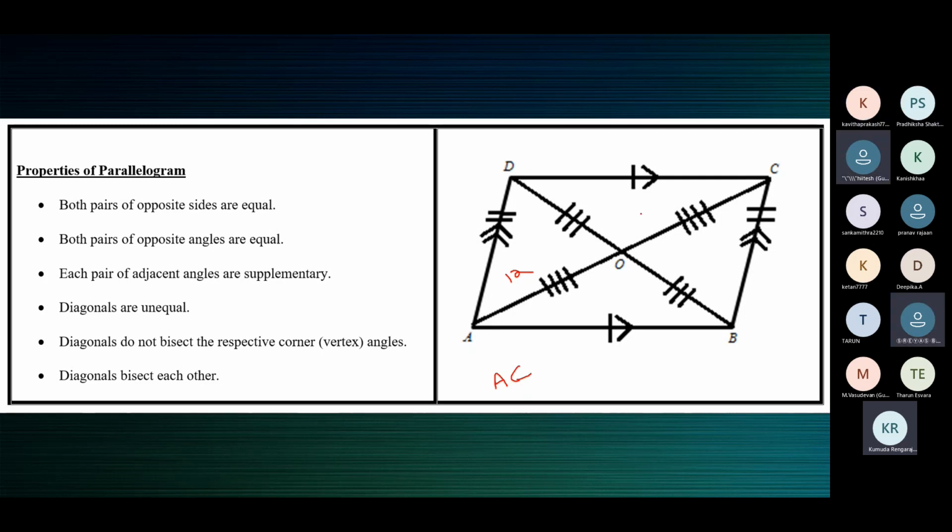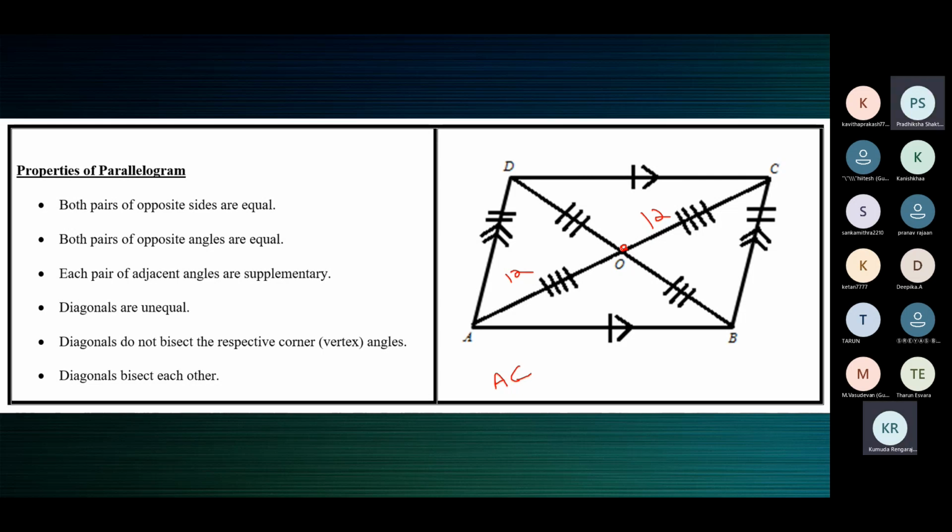Ma'am, same, 12. Why 12? Because the diagonals bisect each other. Correct. O is the midpoint of AC. So if AO is 12, OC is also 12. So the length of the diagonal AC is equal to 24 units.